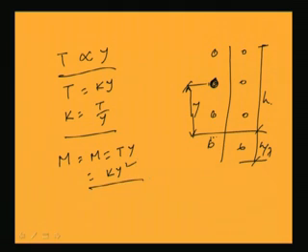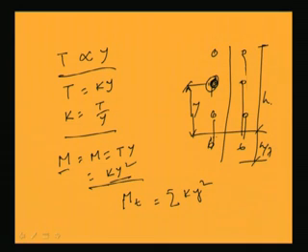Now, for a particular rivet, I am getting the moment of resistance as K into y square. So, the total moment of resistance, if I write MT, will become K into y square, because this is Ky square, this is Ky square, like this it will go on.